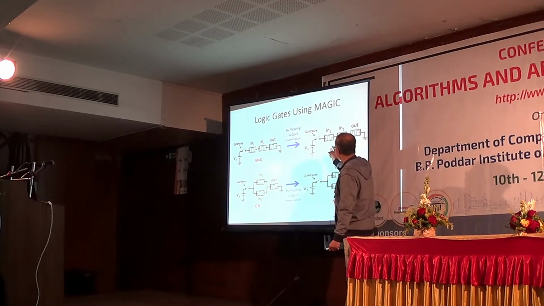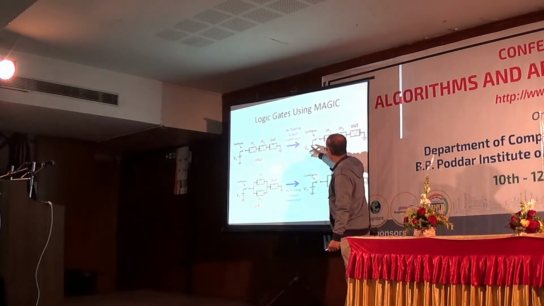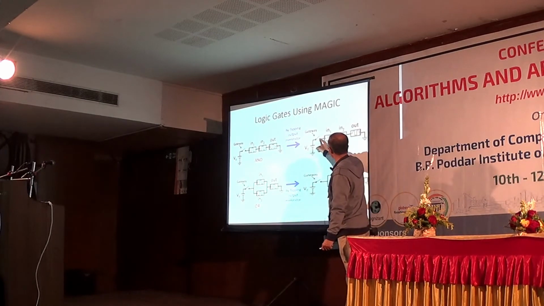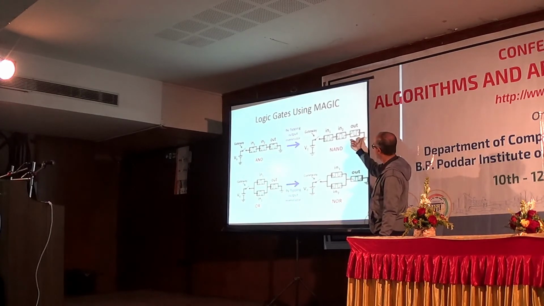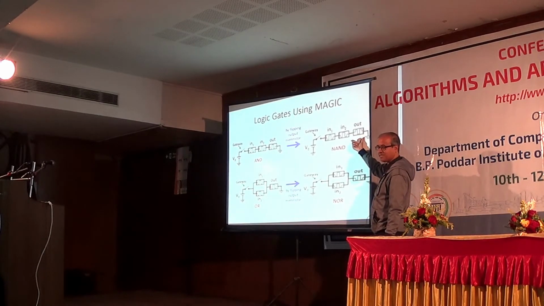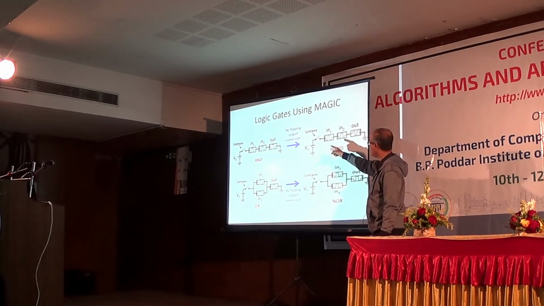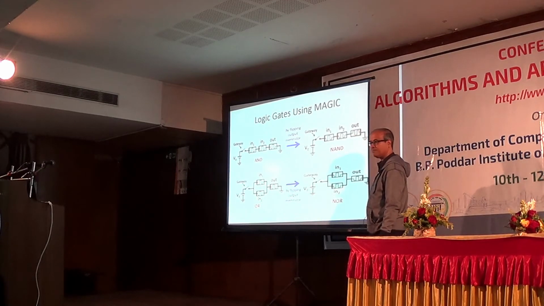So let's say if I apply 1, 1, now in this case V0 will be a negative voltage. So apply a voltage, this voltage will come here, and this is a negative voltage. The voltage across this will be sufficient to switch it. So it will become 0. 1, 1, 0. For the other cases, there will be no switch, it will remain 1. Okay?